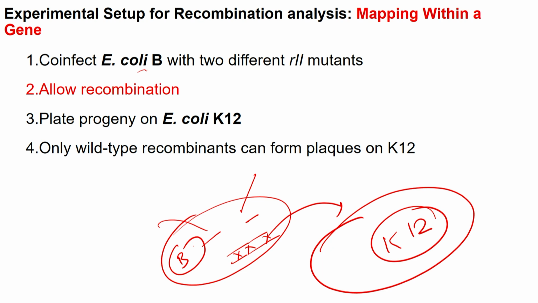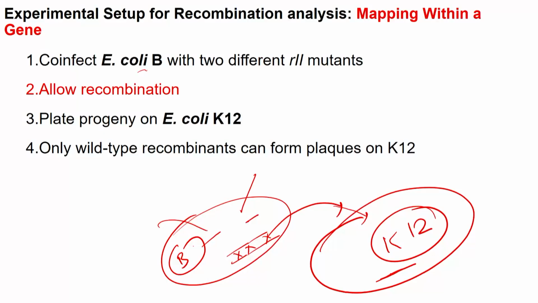So in K12, now you remember I am repeating it multiple times, in K12 only those recombinants will grow that were wild type, where both the mutations were recombined out and you only have the normal functional copy of the gene, because if the virus has the functional copy of the gene, then it can infect the K12 cells.